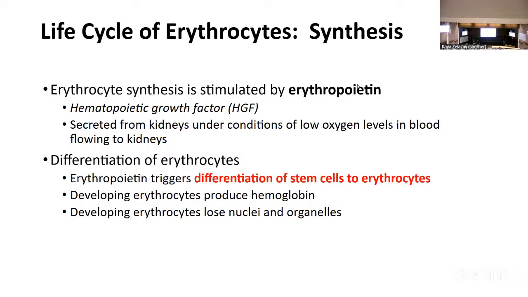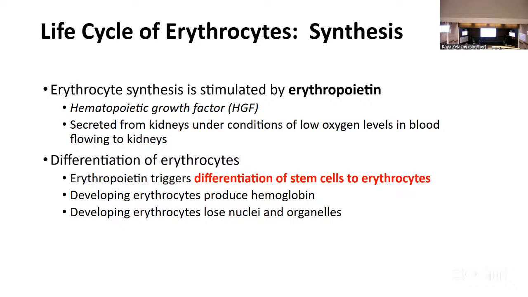This overall signal is coming from the kidneys when we start to see lower oxygen levels in the blood that's going through the kidneys. So there's a lot of blood monitoring going on in your kidneys. This is one of the pieces that they're monitoring. So if you don't have enough oxygen in your blood, a way to solve that is to have more hemoglobin. Where do we put our hemoglobin? Red blood cells. So that's kind of the logic here.